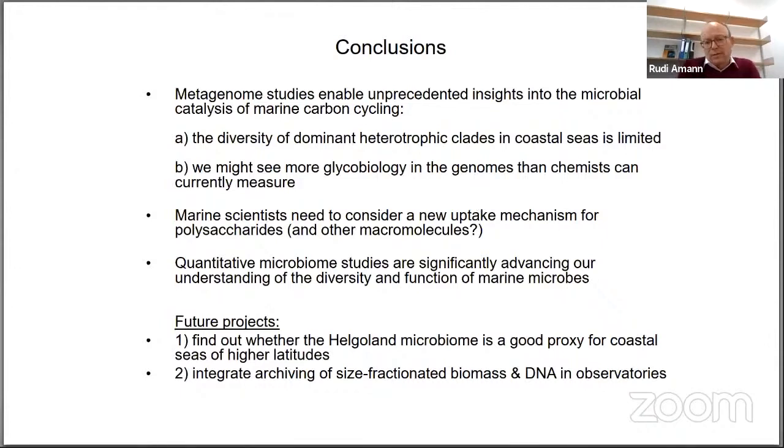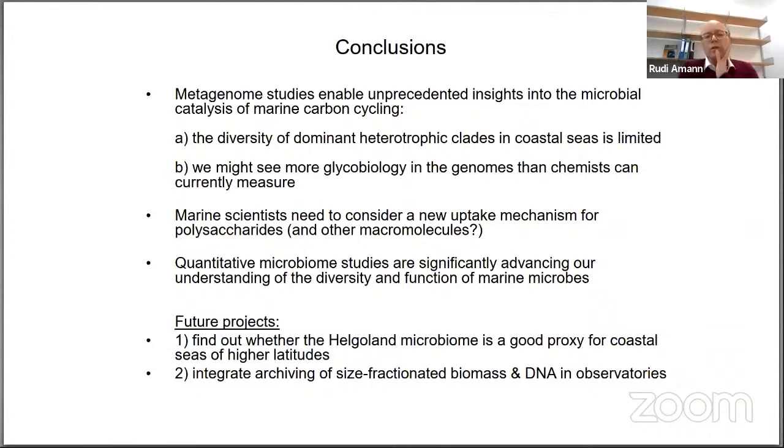So the first is it's a golden time for all of us who would like to find out more about complex marine systems. Metagenomics in particular is amazingly powerful because sequencing has become so cheap, and we can learn a lot, in particular on the important things of biogeochemistry, the marine carbon cycle, for example, and how bacteria catalyze them.